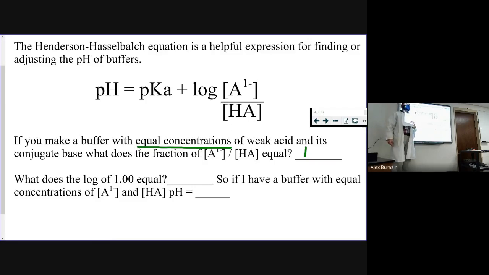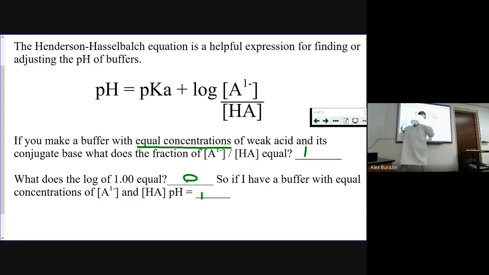If you take the log of 1, it equals nothing. So if I have a buffer with equal concentrations of A1 minus and HA, it's just the pKa. pH equals pKa, because this whole term just turns into 0, right? That makes sense. That's exactly what we've been up to anyway with everything else that I've been talking about.